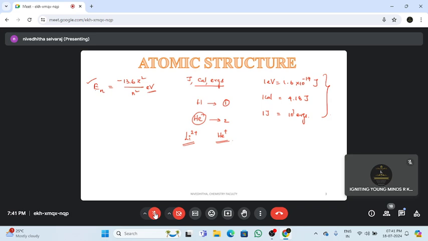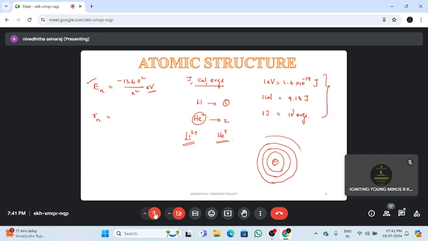This is the formula to calculate the energy of the electron. And what is the formula to calculate the radius of the atom? Basically, what is radius? It is the distance between the center of the nucleus and the valency shell, right? What is the valency shell? It is the outermost shell which takes part in bonding. Exactly.